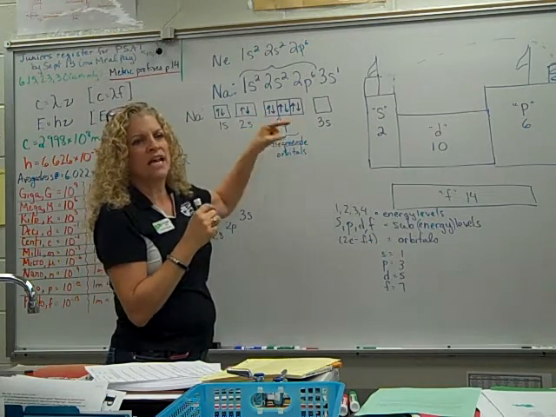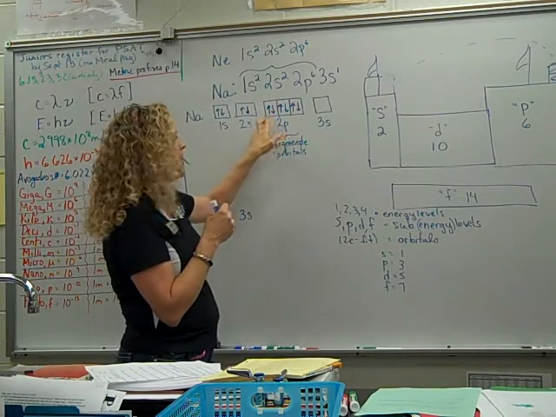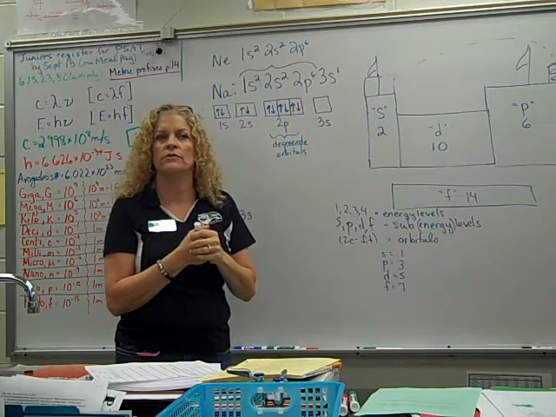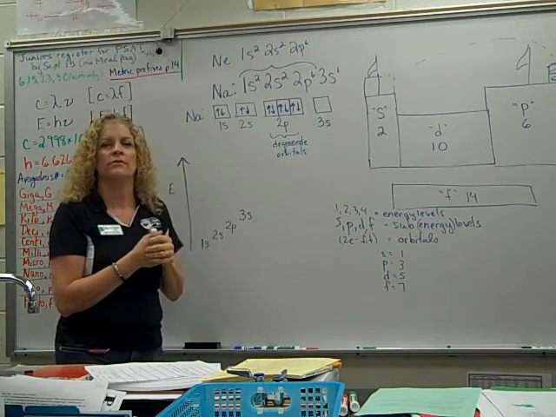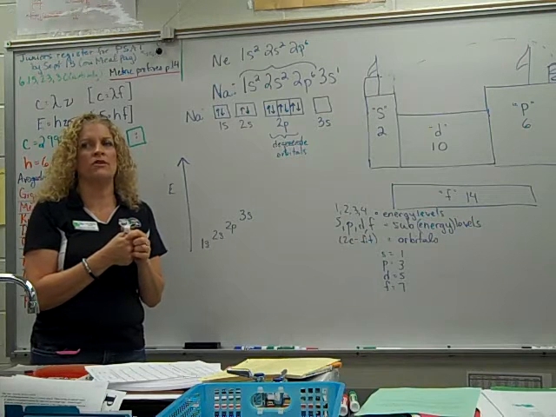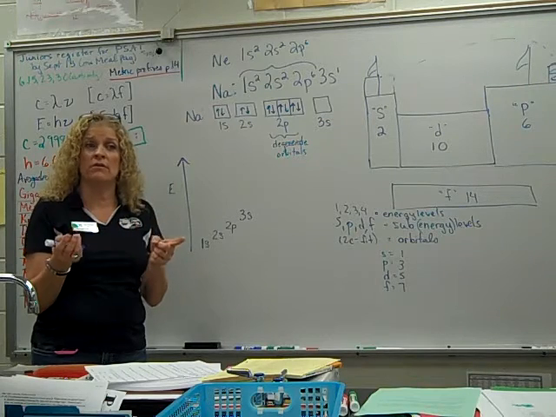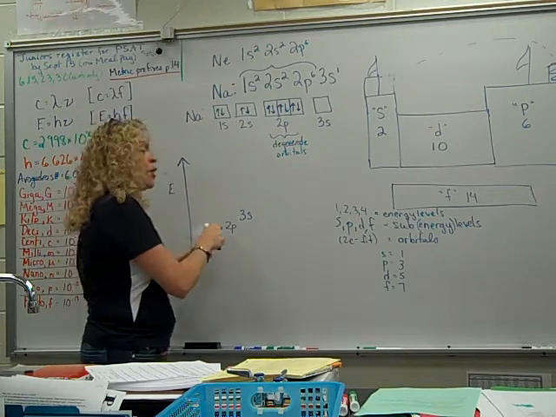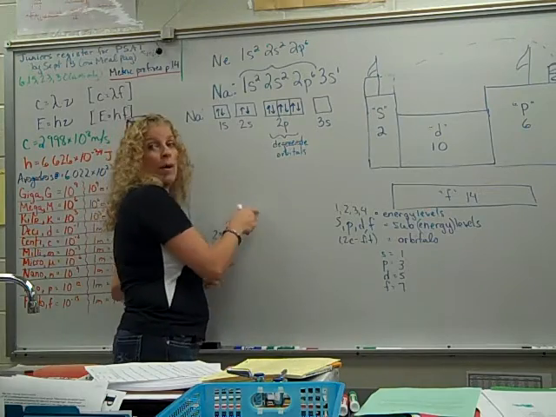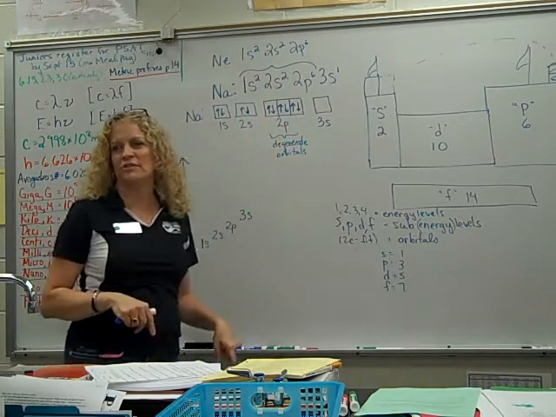Okay, now let me ask you this one question. If there's a little bit of repulsion by putting 2 in 1, why don't I just go up to the 3s? Because you're not on that energy level. Well, I'm not on that energy level, that's true, but why don't I just go there? Because you can't. Well, here's the deal. It must take more energy to go up to a 3s than to pair them up in opposite direction.